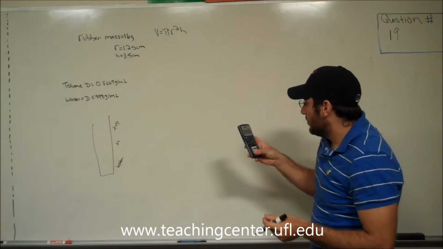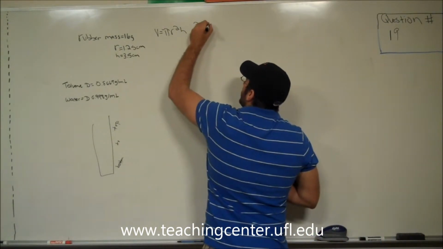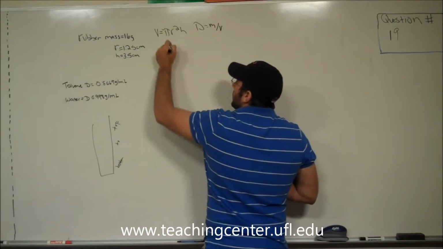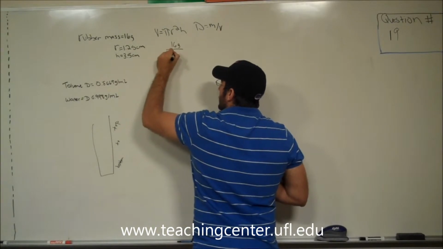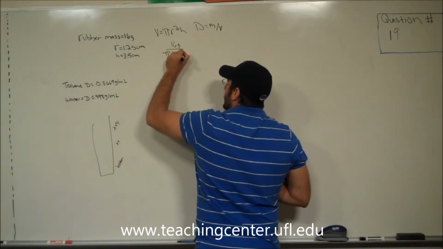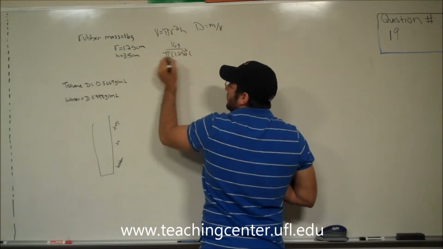So what I want to first do is calculate the density of rubber. So we know that density equals mass over volume, so I'm going to do 16 grams divided by pi times 1.25 centimeters squared times the height, which is 3.5.